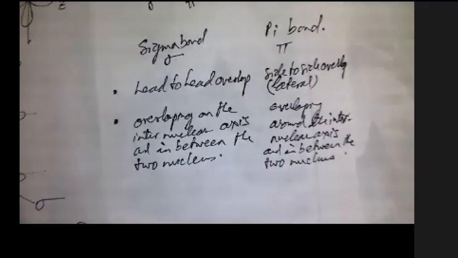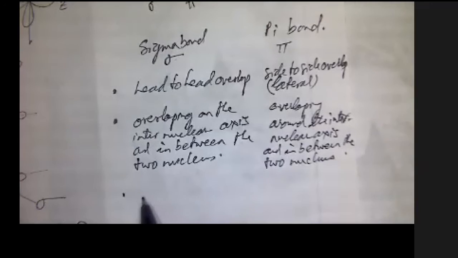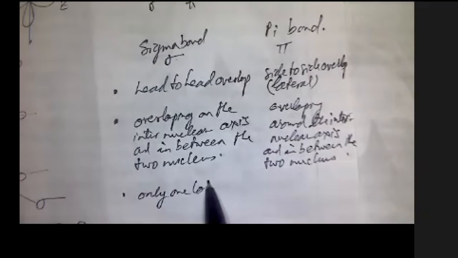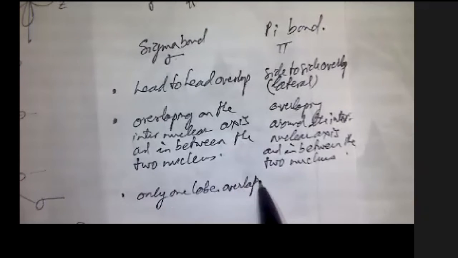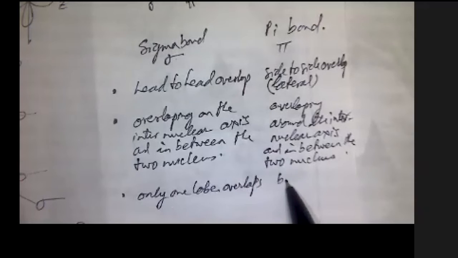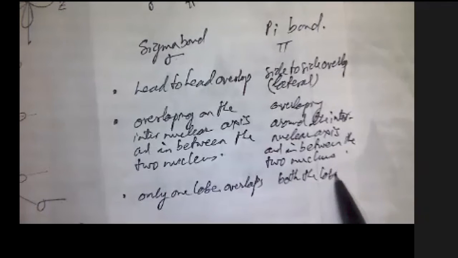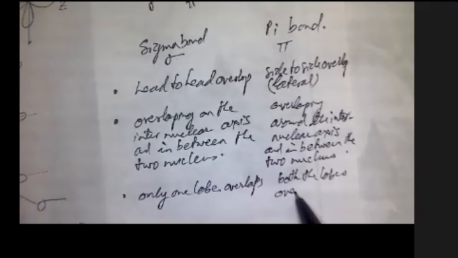This is also in between, that is also in between, but one is on the axis, other one is around the axis, isn't it? I've told you only one lobe overlaps. Here, both the lobes overlap.